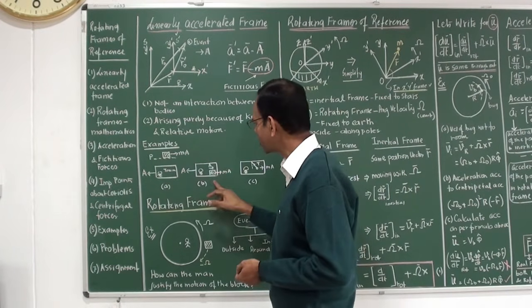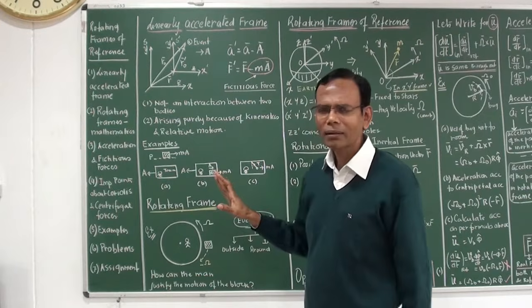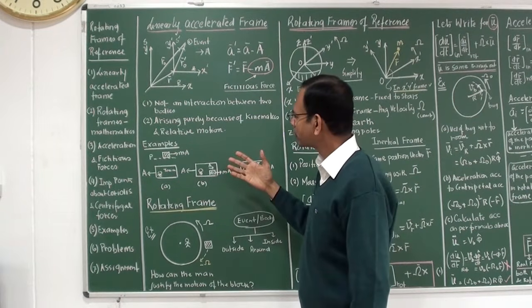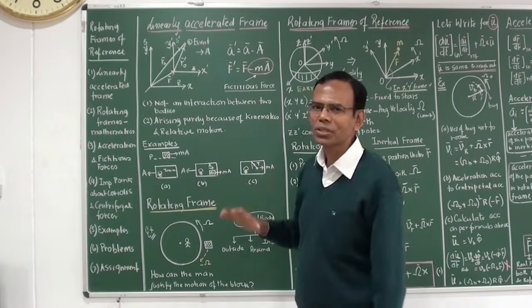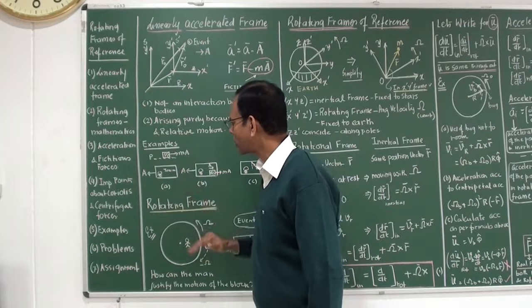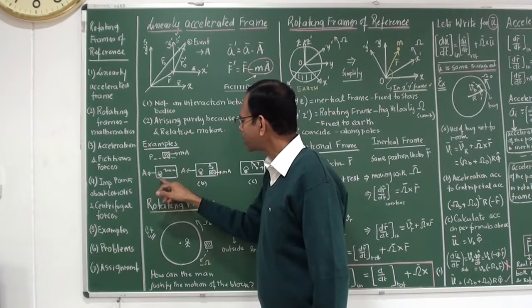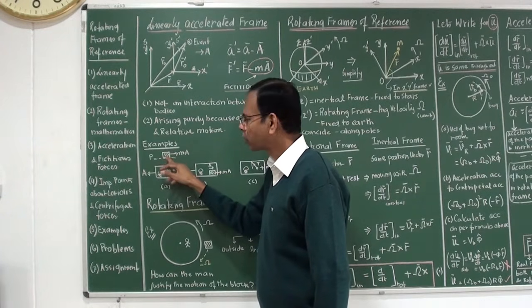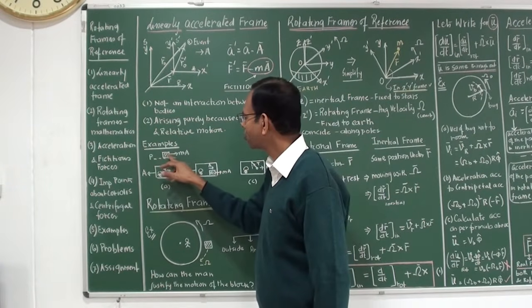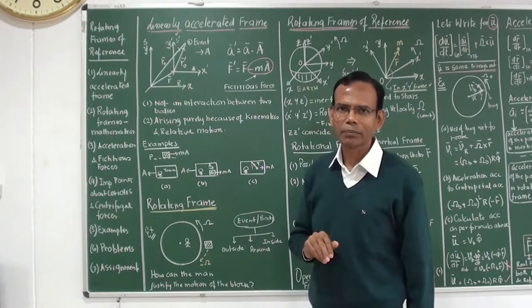Now these examples are very illustrative examples. They show what this fictitious force is. As you see, the train is moving, accelerating on this side, and this observer will observe a block which is on the platform moving backward with an acceleration a.